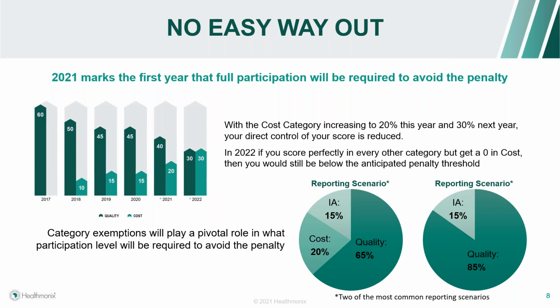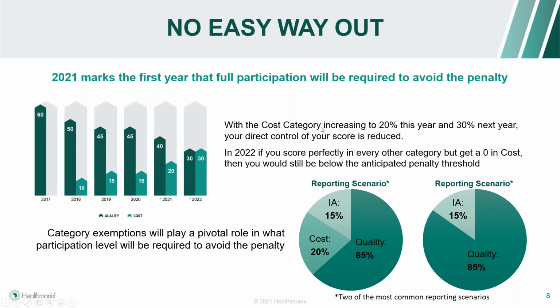If you score perfectly in every other category in 2022 and get a 0 in cost, you'd still be below the anticipated penalty threshold for the year. So you have to really do well on all categories and pay attention to cost as well.